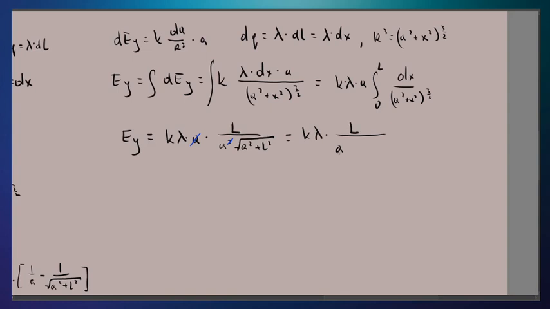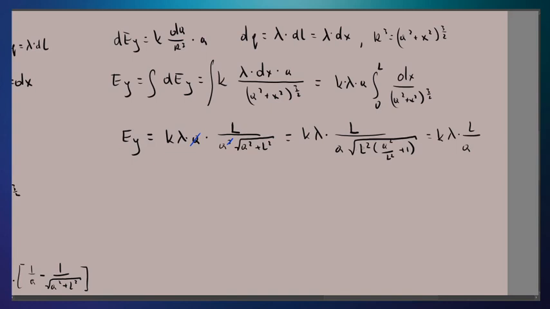And then what I have here is this stays, but I have to pull L out. So here's what I'm going to do. I'm going to write L squared, and I'm going to write a squared over L squared plus 1, square root of that. All right, so I'm factoring out L squared, and that allows me to rewrite this like this, times L on the top over a.